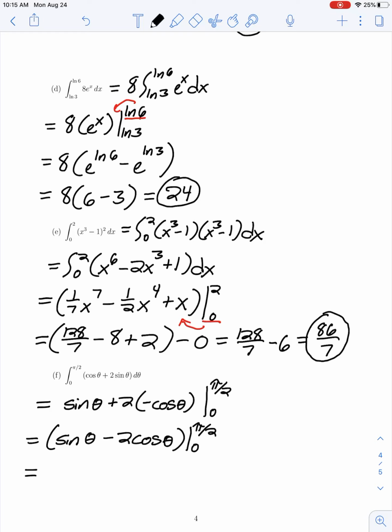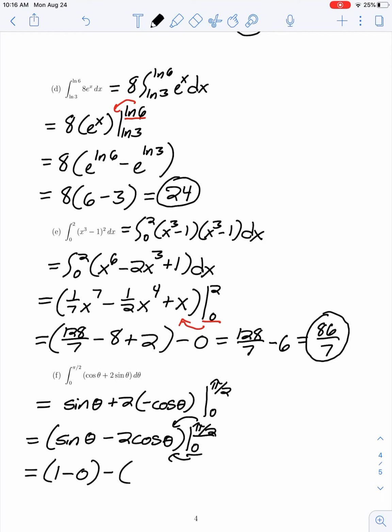So evaluating this antiderivative at the upper limit of integration, pi over 2, we have sine of pi over 2, which is 1, minus 2 times cosine of pi over 2, which is 0. And then we're subtracting the value that we get by substituting 0 in for theta.